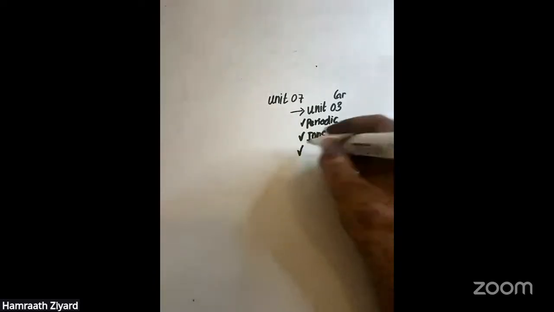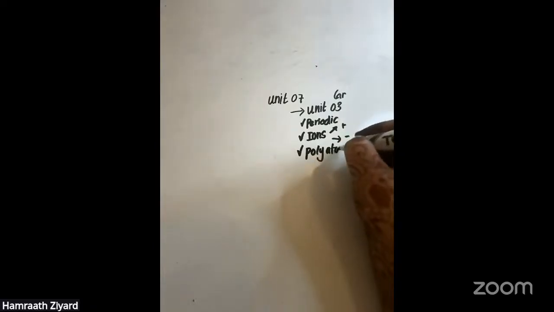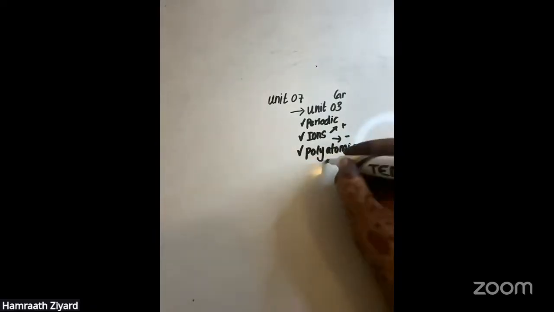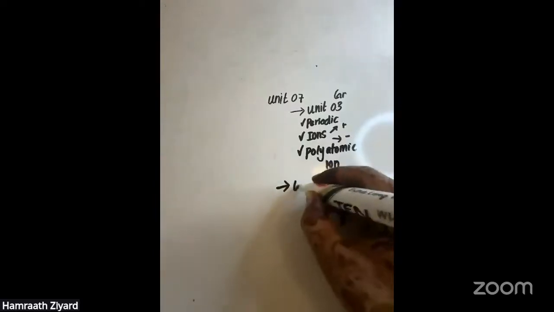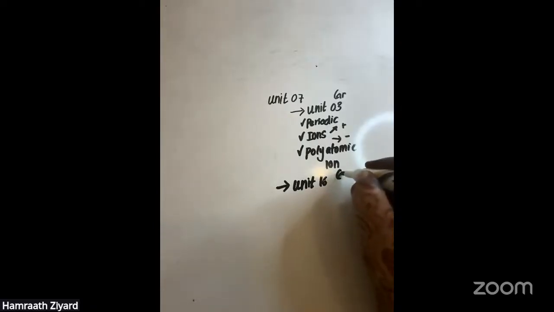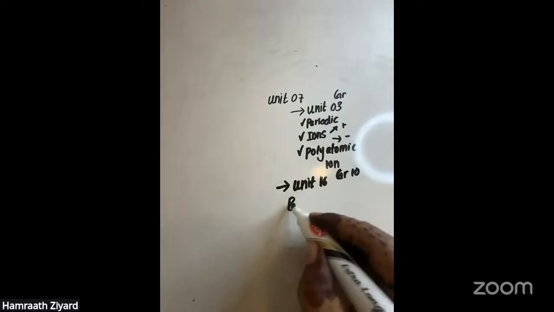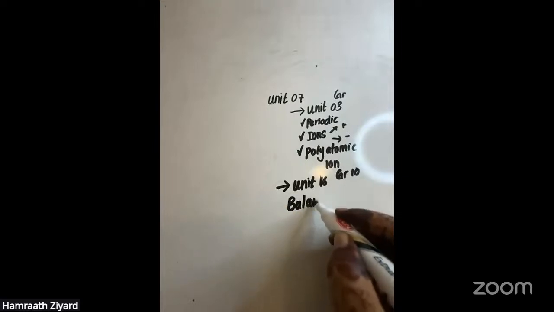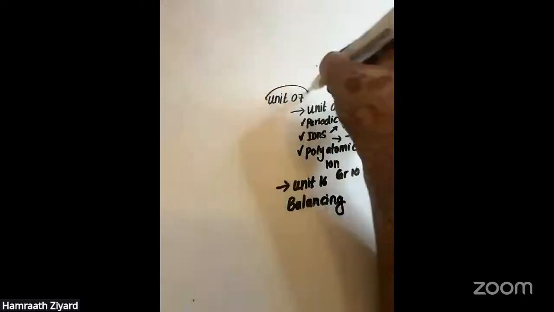And also you should know polyatomic ions. In this lesson, you will be recalling all of them. And then again, unit 16 in grade 10, especially balancing chemical equations. So you have to know all of these if you want to do this lesson in an interesting way.